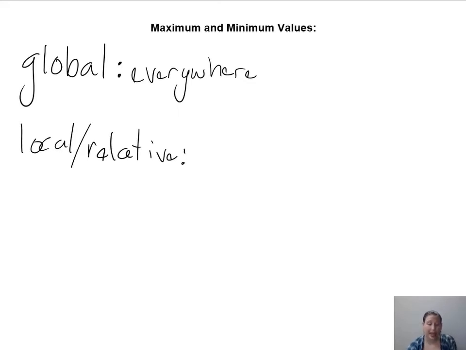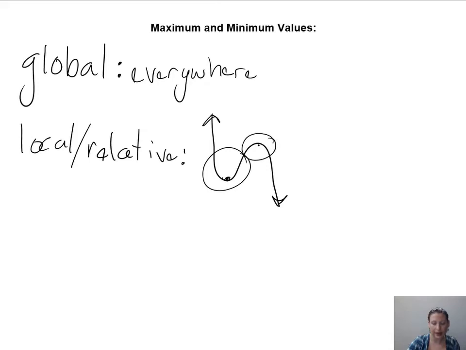So if we think about that, that literally means on a section of a graph. A section of a graph has a little top or a little bottom. So that would be something like this. This section of the graph has a minimum, right? At this point right here. Or this section of the graph has a maximum right there.